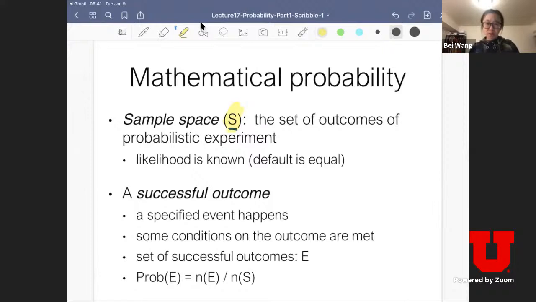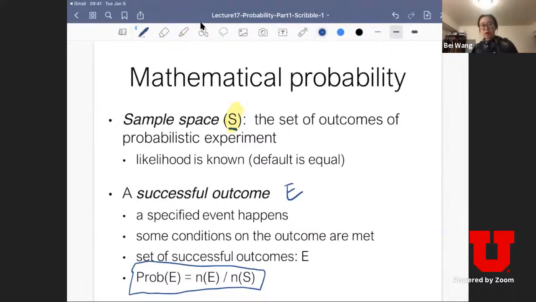The second is E, the set of successful outcomes. The probability of the event is the number of instances in the set of successful outcomes divided by the number of instances in the sample space. In other words, it is the size of E over the size of S. Of course, this is better understood through examples.